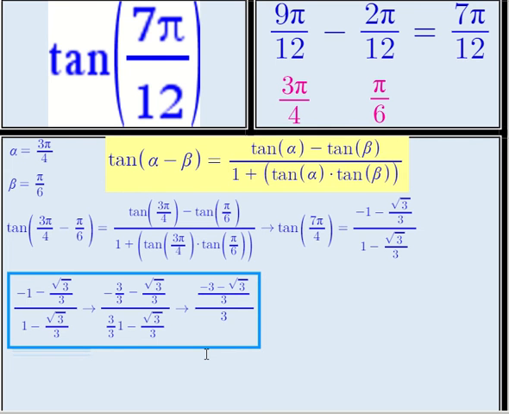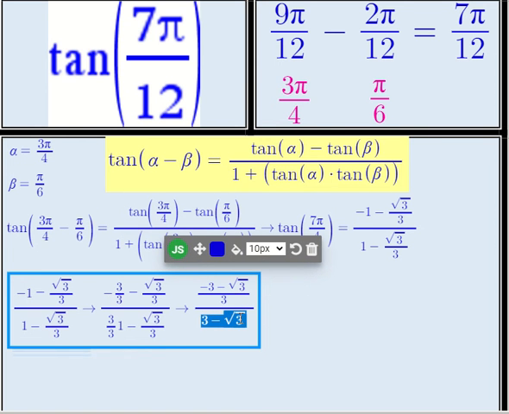So positive 3 minus radical 3 all over 3 as well.